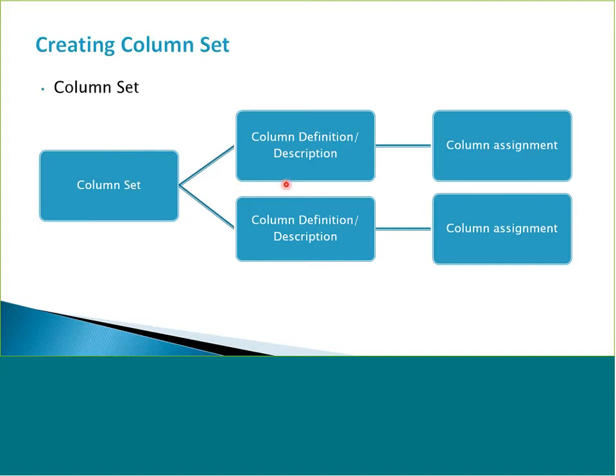And then we go to the column definition or description, where we identify a particular column. Unlike in the row set, where we could have a one-to-many relationship between the row description and the row assignment, in the column set it's a one-to-one.